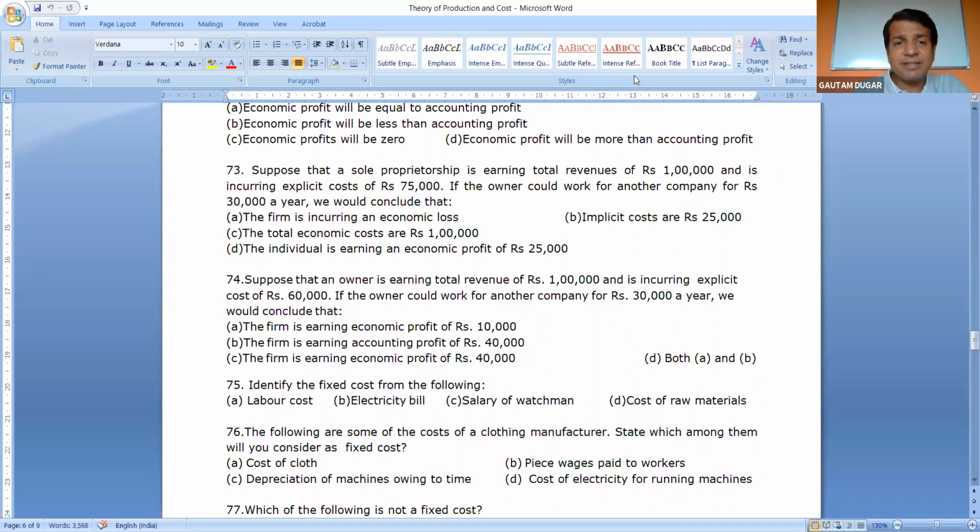So in the accounting sense, this sole proprietor is earning a profit of 25,000, but there is an implicit cost of 30,000. So there becomes an economic loss of 5,000. You got the point? There's an economic loss of 5,000. The answer is A. The firm is incurring an economic loss. So 73 was A. Coming to 74.